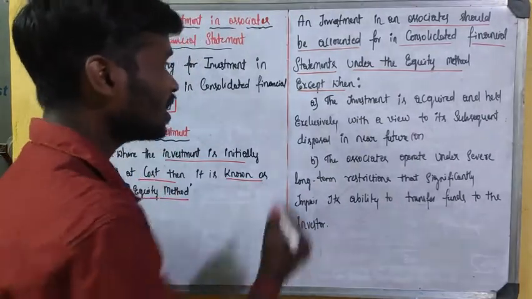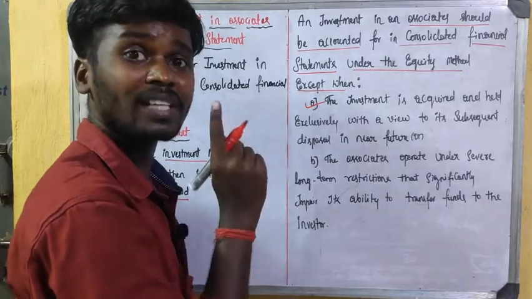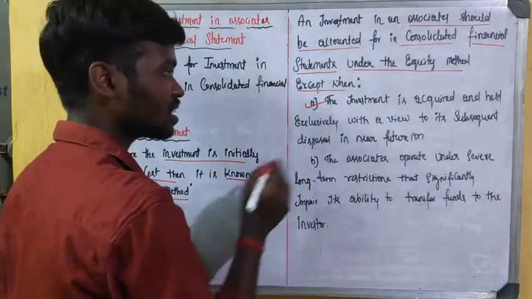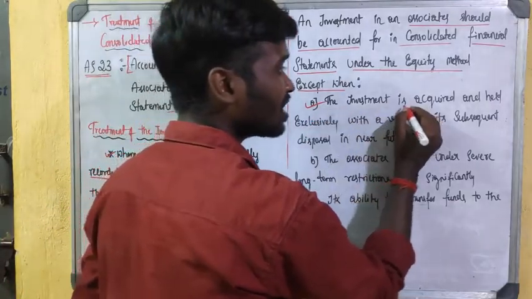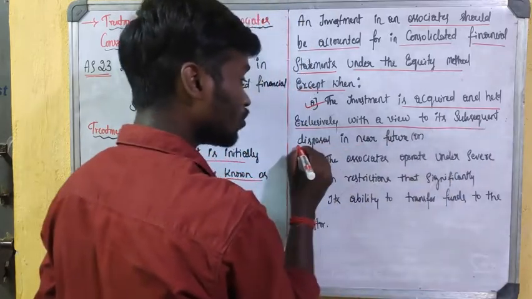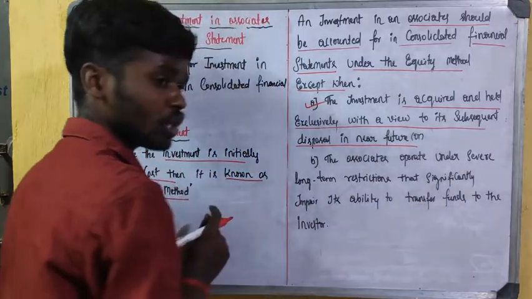See, in which criteria do we treat it as exceptional cases under investment in the associate? In the sense, see, the investment is acquired and held exclusively with a view to subsequent disposal in the near future.